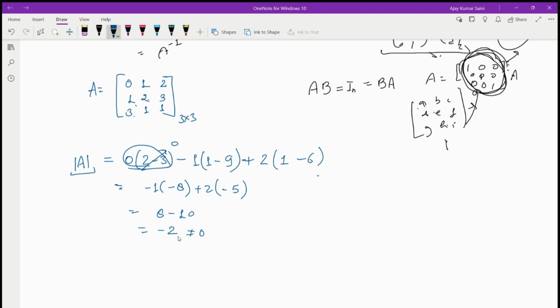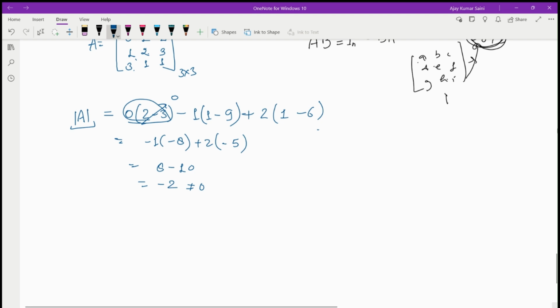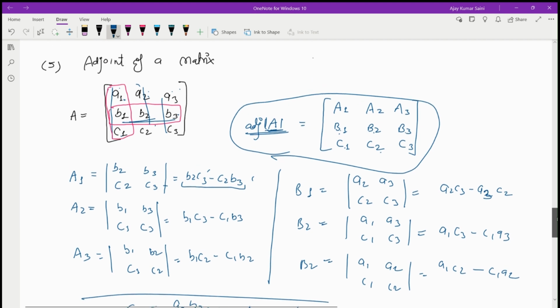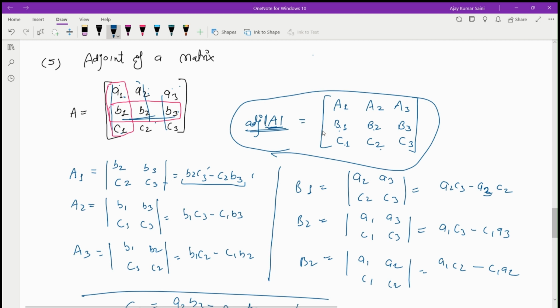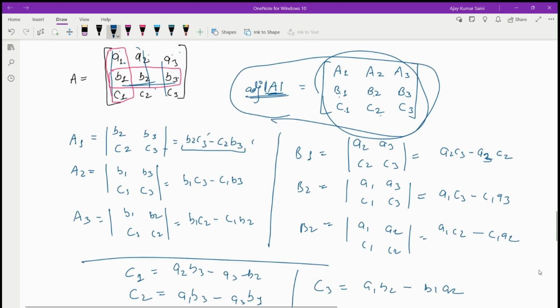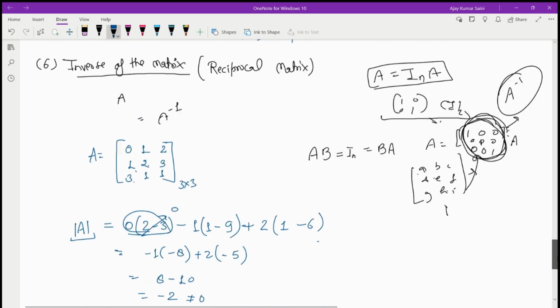Now see here what I do. I need to find the adjoint of A. So here I find the adjoint of A. The same thing I need to do to find the inverse of this matrix.